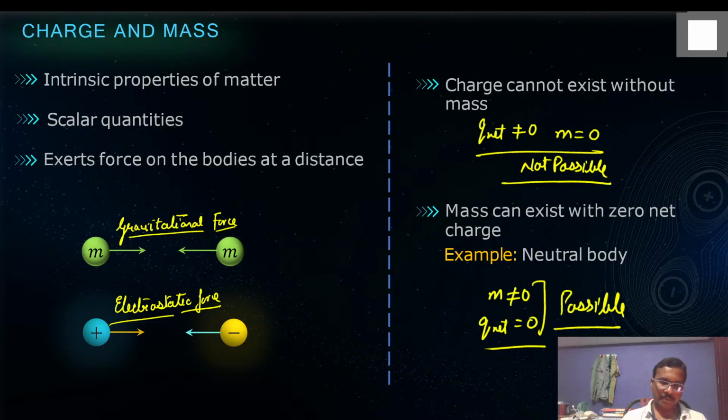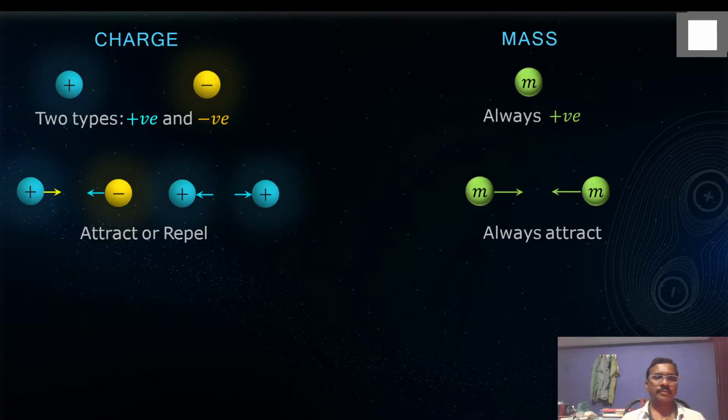Next, let us see. Here we have to notice that there are two types of charges: positive and negative. Positive and negative charges give an attractive force, and positive with positive gives a repulsive force. Now what happens for mass?